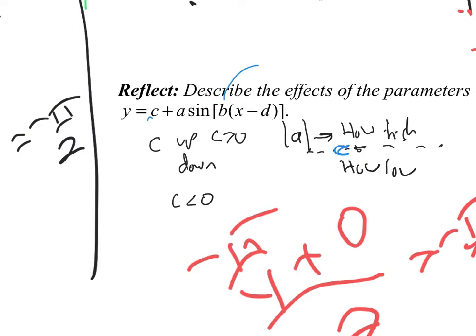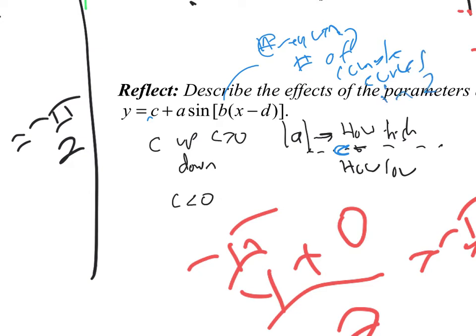B is the frequency, the number of complete curves in 2 pi. And last but not least, what he's calling D. D tells you if it's left or right.